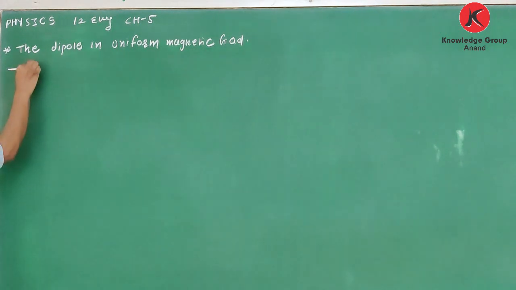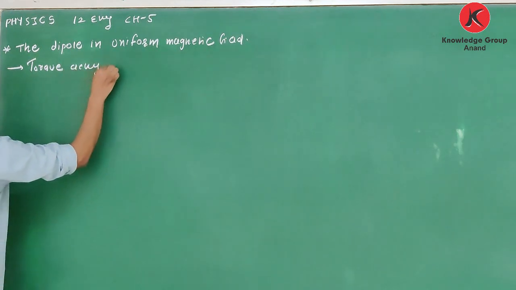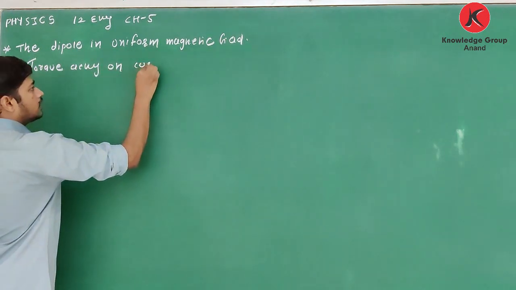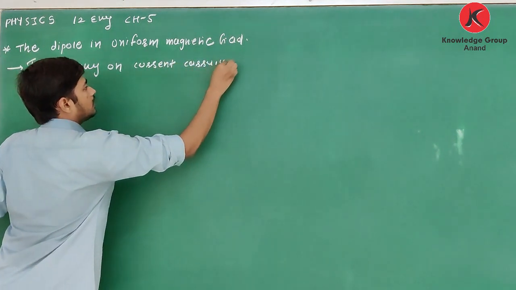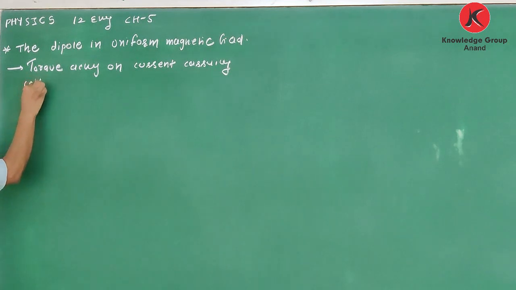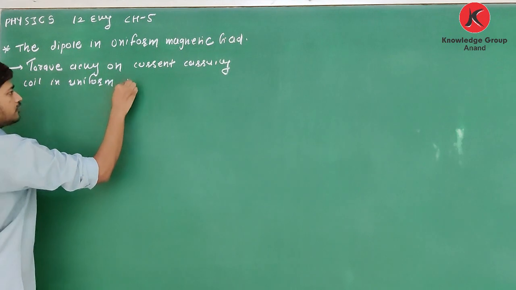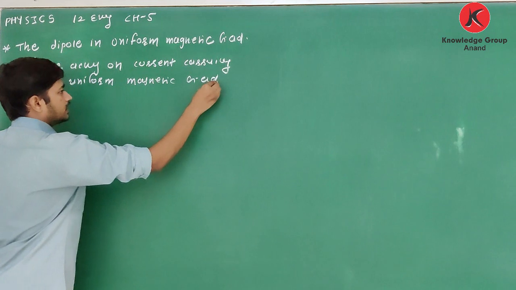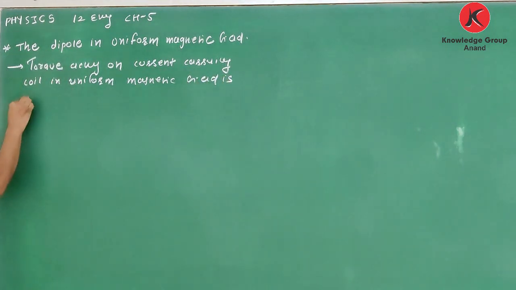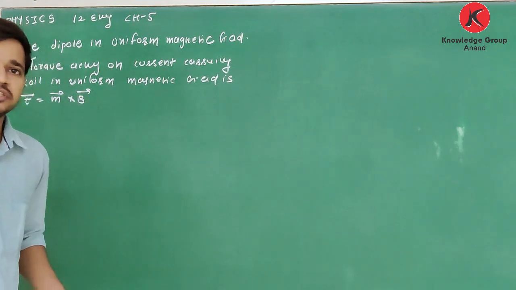The torque acting on a current carrying coil in a uniform magnetic field is tau equal to m cross B. Yes, we have obtained this equation.